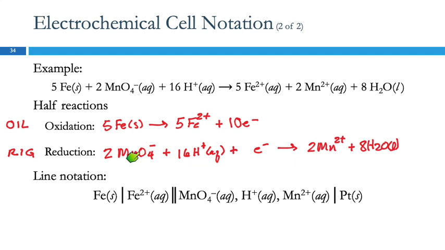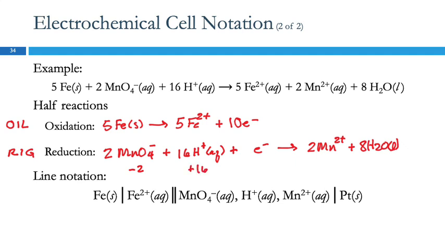If we just look at manganese here and manganese there, I don't know how many electrons we need. We'd have to look at the oxidation state, which we could do, but I don't feel like it right now. We can also fill this in just by looking at the charges. So here I have 2 negatives, so that's -2, and this one's +16.